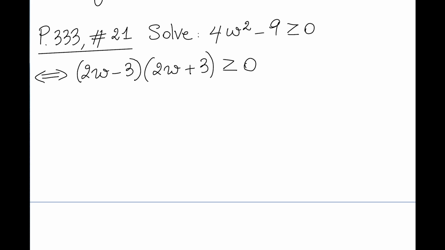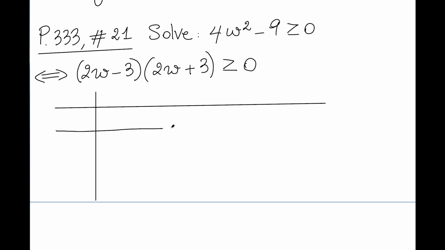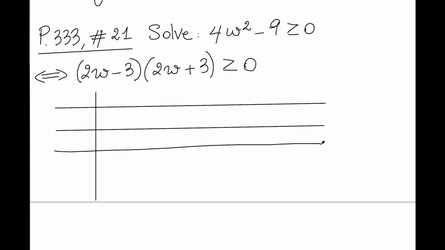All right, so this is again a product. I would like to understand when this product is non-negative this time, as opposed to negative before. I'm going to create the table of variations again. And the number of rows is going to be dictated by the number of factors I have, which is exactly 2. So I'm going to have one row for 2w minus 3 and one row for 2w plus 3. 2w minus 3 is going to be, let's say, the first one, and 2w plus 3 is going to be the second one.